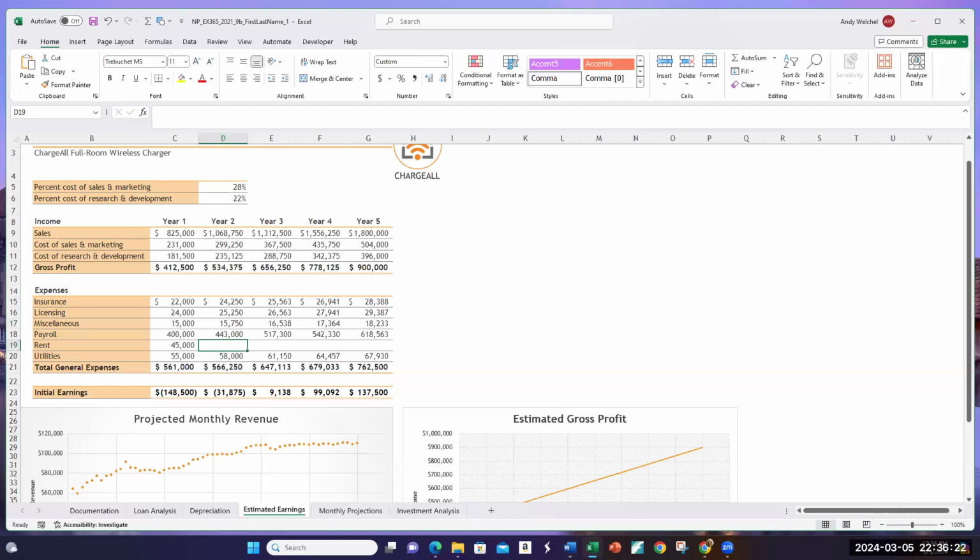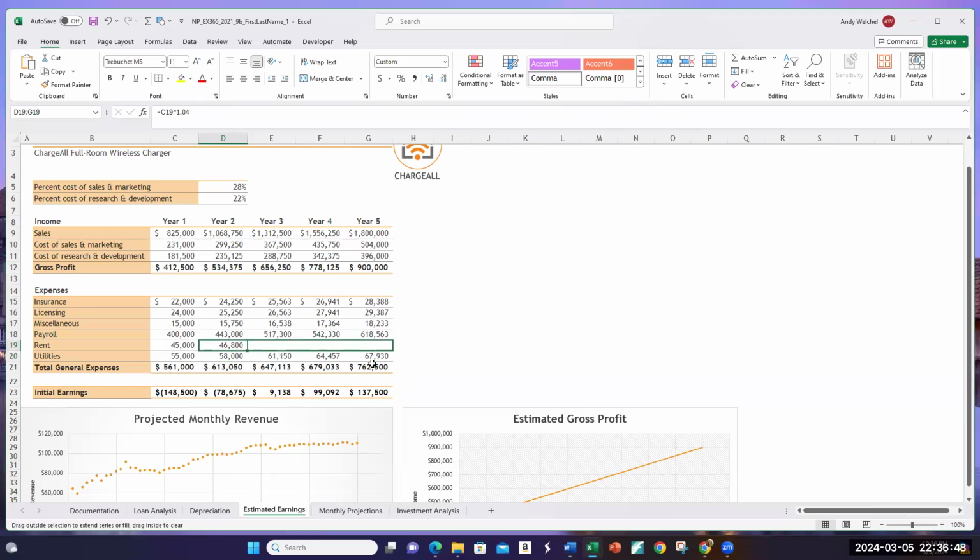Now for rent, we know the first year's rent will be 45,000 and it's going to increase by at least 4% per year. So project the rent expenses as follows for years 2 through 5. Well, if I was doing this, I would just do equals that times 1.04, and that's giving me the right numbers.